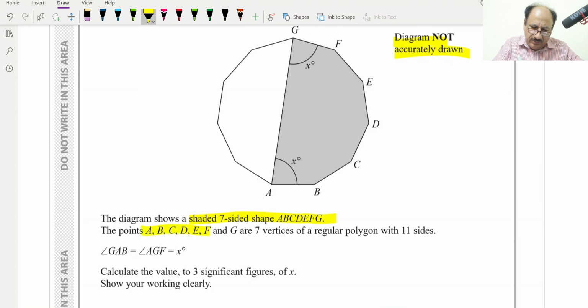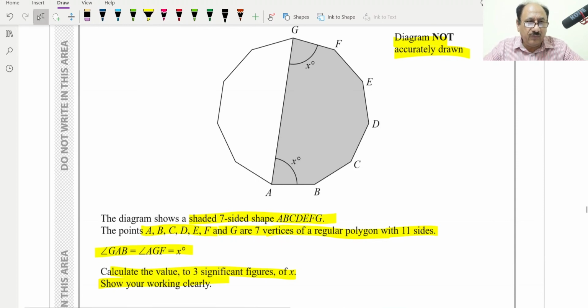The points A, B, C, D, E, F and G are 7 vertices of a regular polygon with 11 sides, and angle GAB is equal to angle AGF, which is equal to x degrees. Calculate the value of x to 3 significant figures. Show your working clearly. Now first of all, we can divide this shaded portion into triangles.